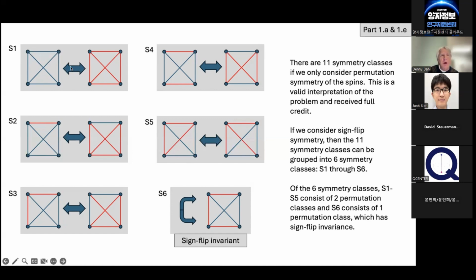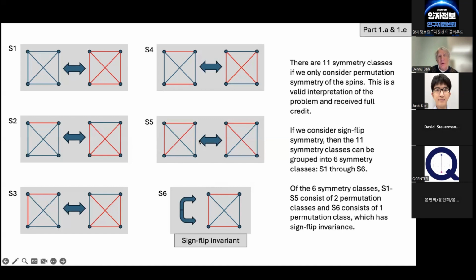And then the big blue arrows are the so-called sign flip symmetry. That's when I change all the ferromagnetic couplings into antiferromagnetic ones. So if you only count the permutation symmetry, there are a total of 11 symmetry classes. That's two here, two here, two here, two, two, and one.